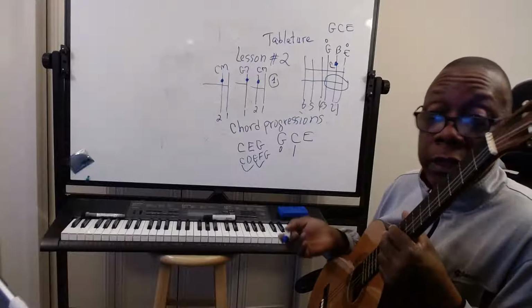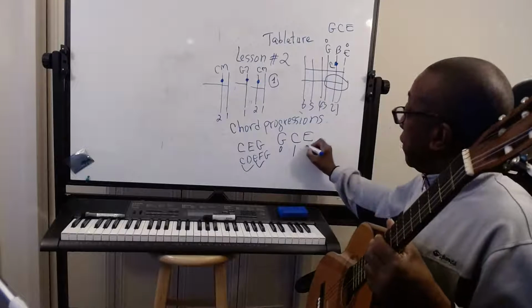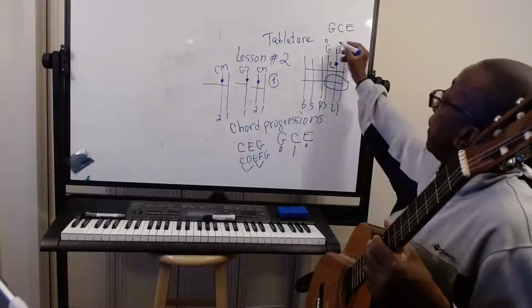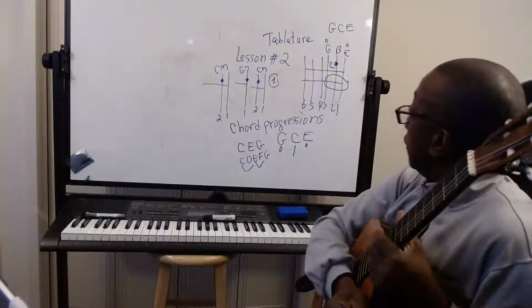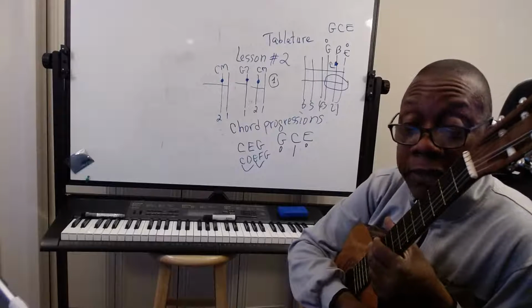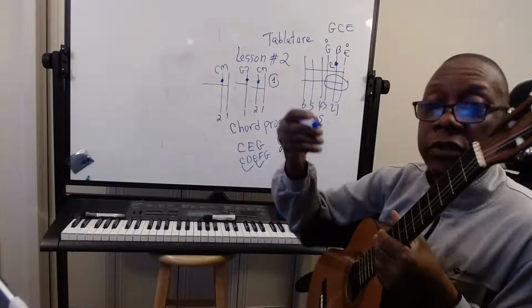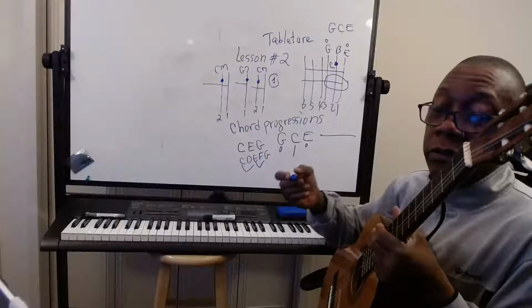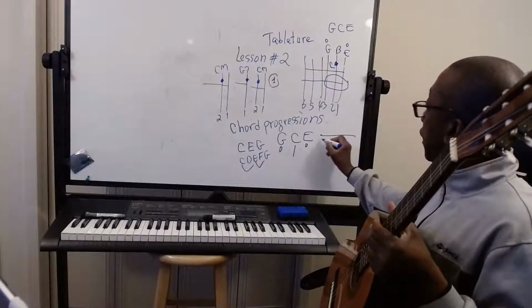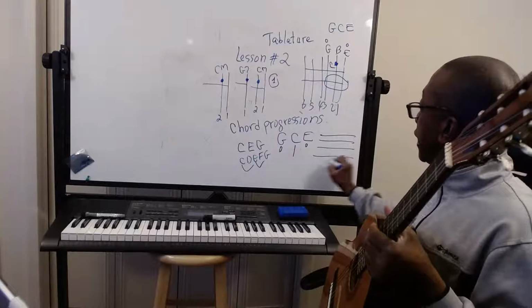Then the E, there's no finger for it, so it's open too. So I have open, open, and finger. It's an inversion. Since I'm at it, let me show you what we're going to learn later on: music notation, where you put everything on the staff.